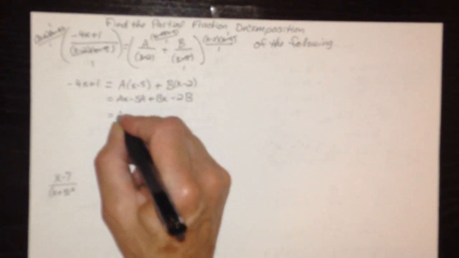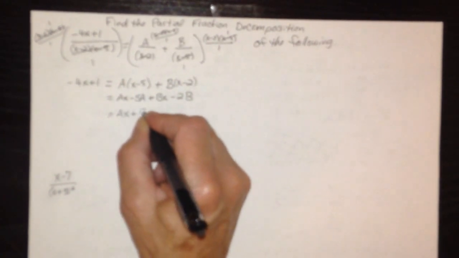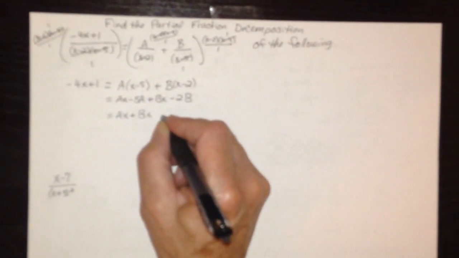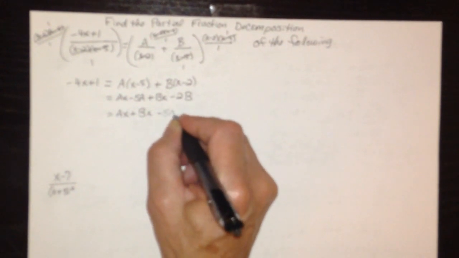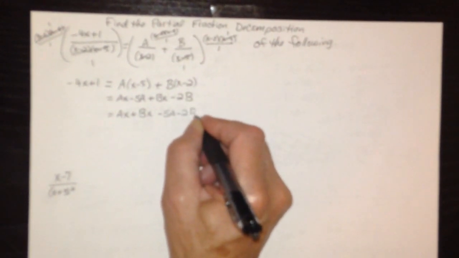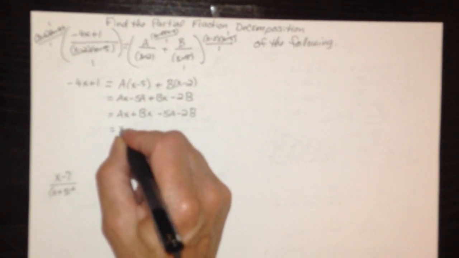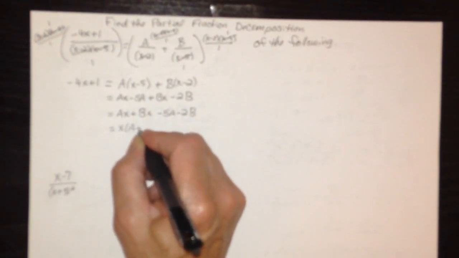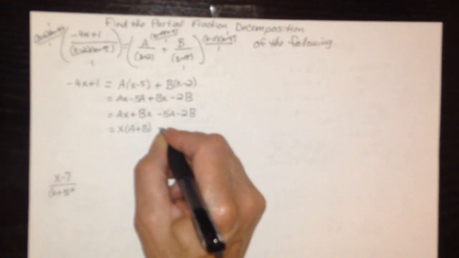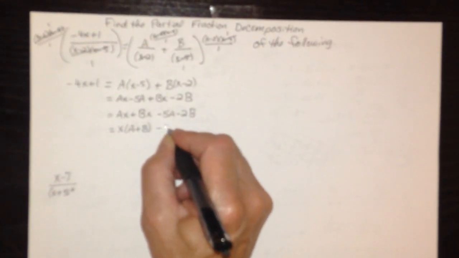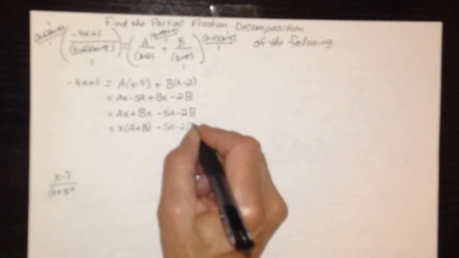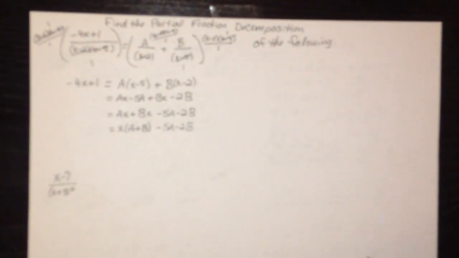I'm going to collect the x terms beside each other, and then the constant terms, minus 5a, minus 2b, beside each other. I'm going to factor out the x, leaving me with a plus b, and then minus 5a minus 2b.